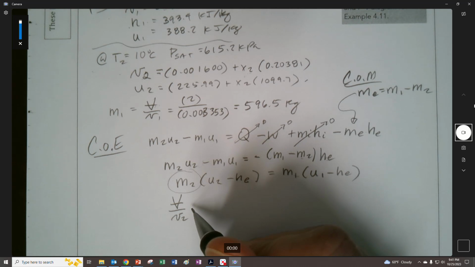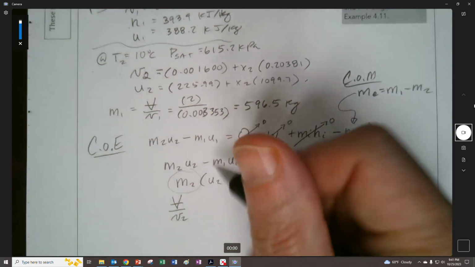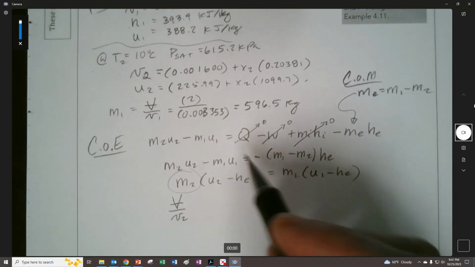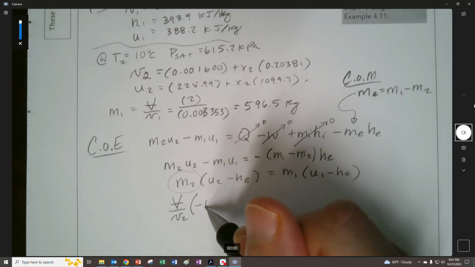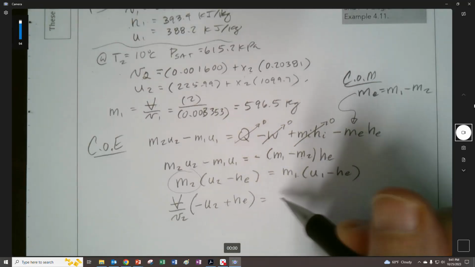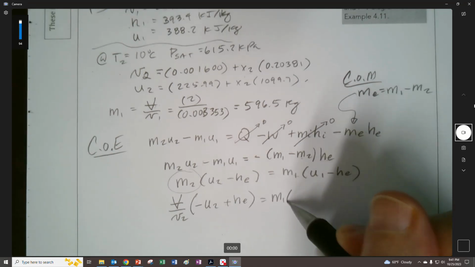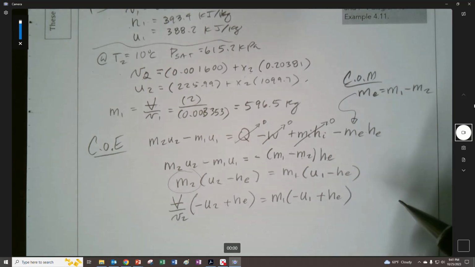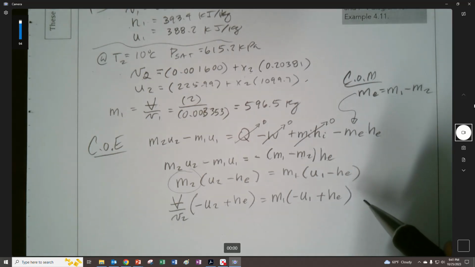And did we make everything negative for some stupid reason? I think we did. We decided to multiply both sides by -1. And so we went minus U2 plus HE equals M1 minus U1 plus HE, just to be jerks, apparently.